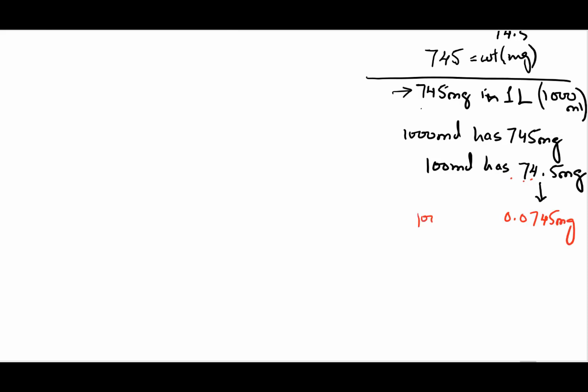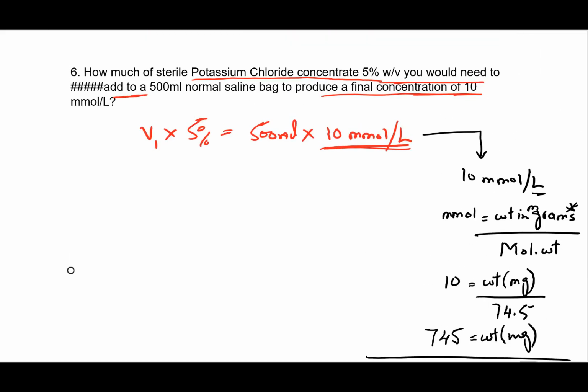So 100 mil will have 0.0745 grams, which means the concentration of the solution is 0.0745 percent. So now I know that 10 millimoles per liter is equal to 0.0745 percent. So let's plug this into the equation and try to solve it.